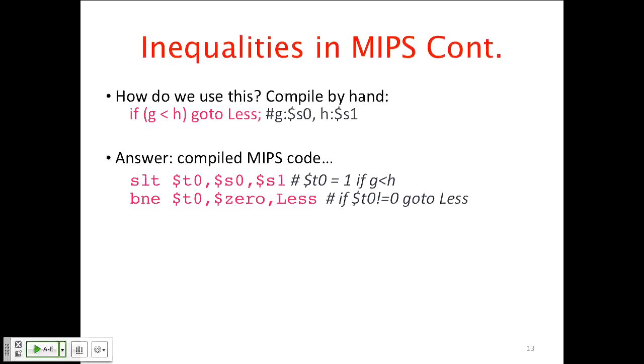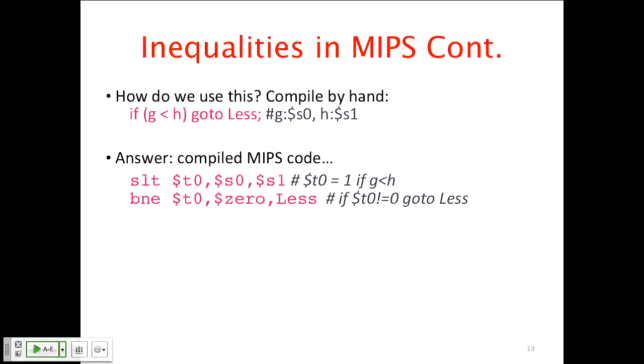Then you do a branch if not equal to 0 to less. That's equivalent to saying if T0 is not equal to 0, that means G was less than H, and so we should take this branch. So you can see how something that looks like one statement in the high-level language turns into multiple instructions in the machine code.